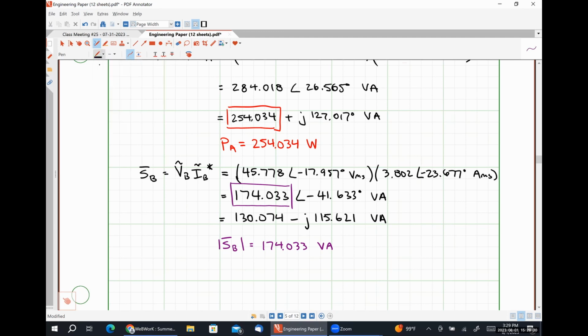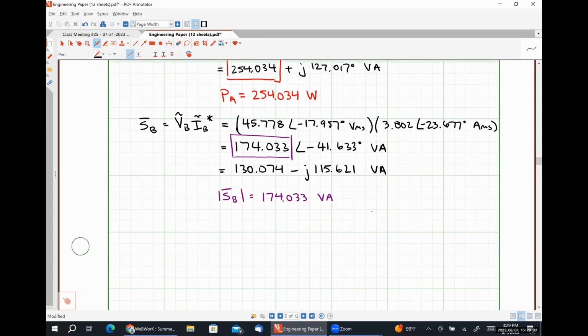All right. So similar thing for impedance C, right? We would have VC, which is the same thing as VB, times IC conjugate. So that would be 45.778 with an angle of negative 17.957 degrees, volts RMS.